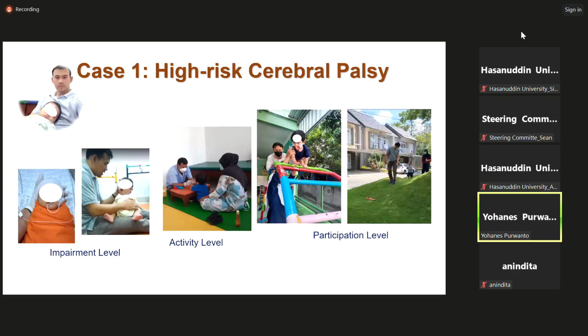And for conclusion, I will share some case reports from my practical experience. Here is case one from the high-risk cerebral palsy. These infants got early diagnosis at 1 month of age as high risk, and then started intervention in 1 month.